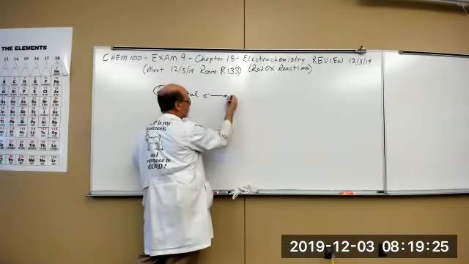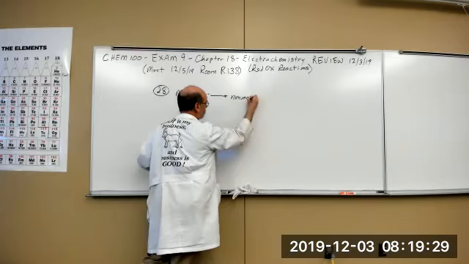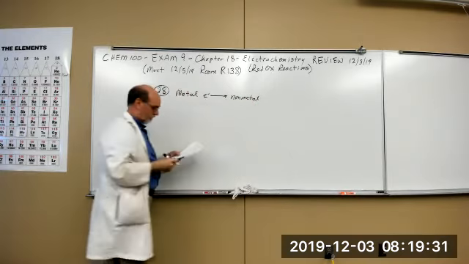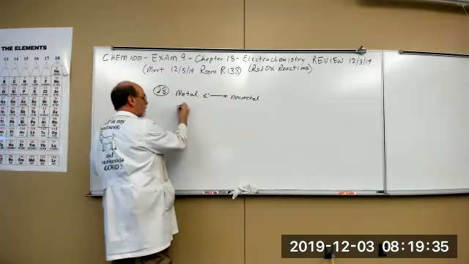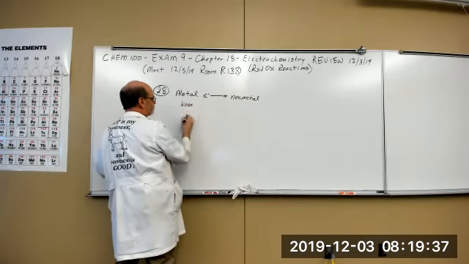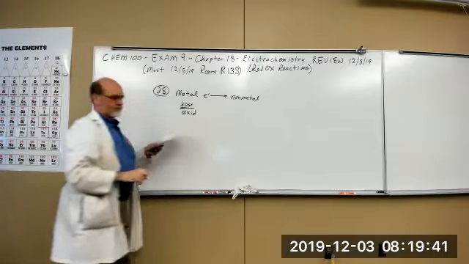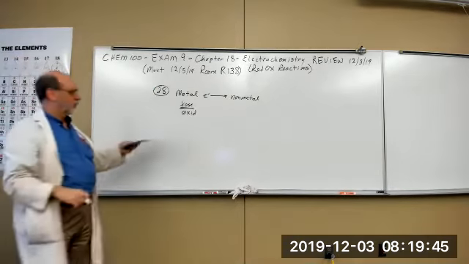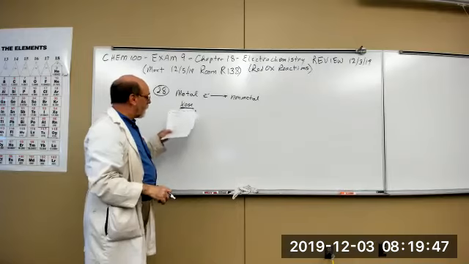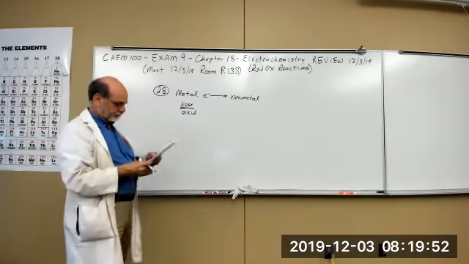They usually go from the metal to the nonmetal. Which means they lose electrons. So they're oxidized. Typically, a metal reacting with a nonmetal will always be oxidized, and the nonmetal will be reduced.